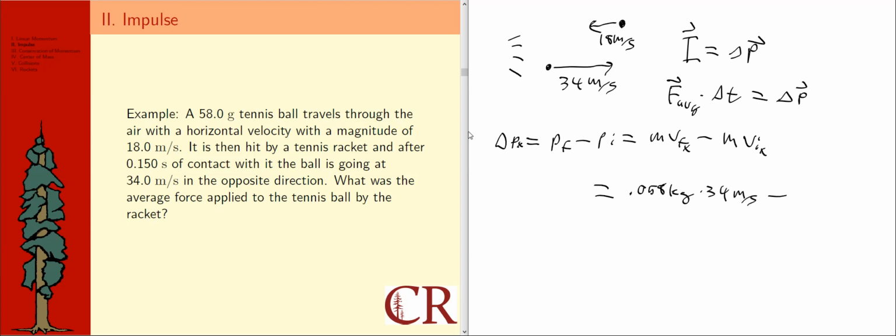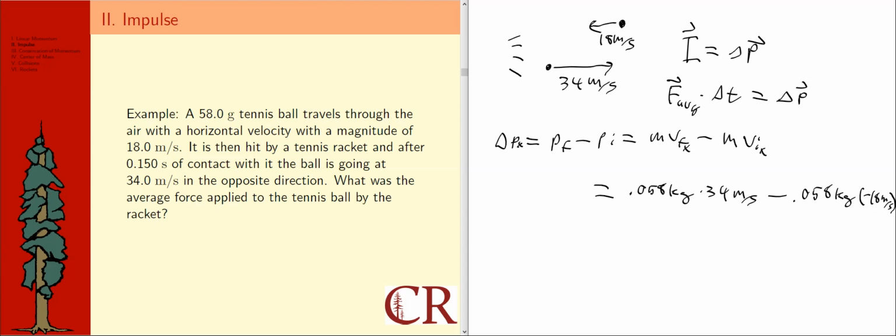And then I'd say minus 0.058. But here is the part where there's real potential for mistake: we have to recognize the initial velocity was in a negative direction in the implied standard coordinate system. So for that one, let me open a set of parentheses, and put the minus 18 meters per second.